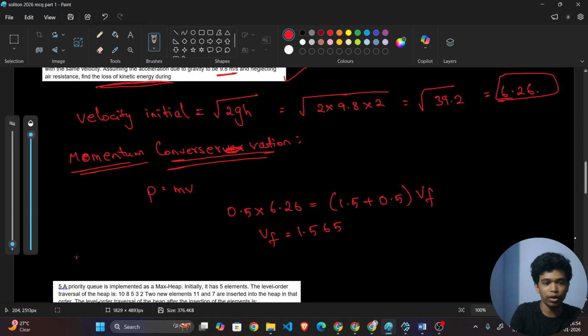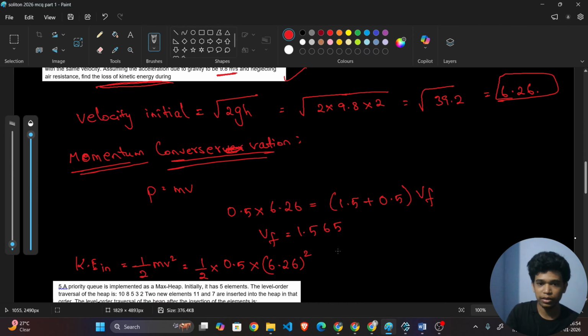The next step is we want to find the initial kinetic energy. The formula is half mv squared, which is half into the mass of the first thing, 0.5, into its initial velocity, 6.26, the whole squared. Just find it.